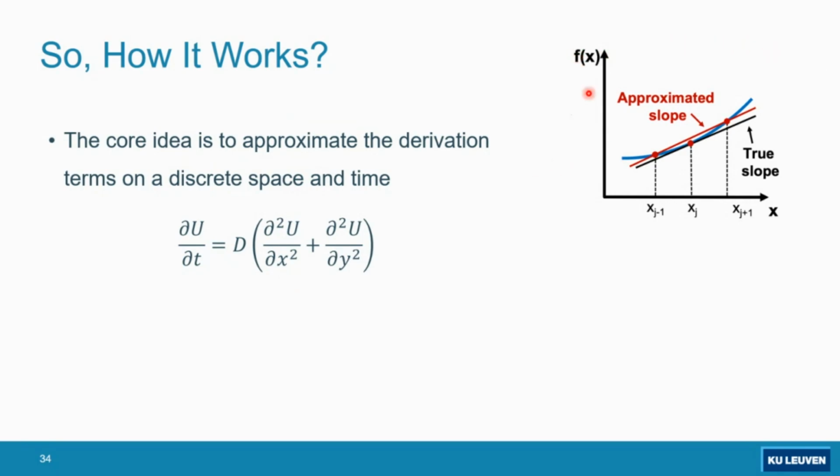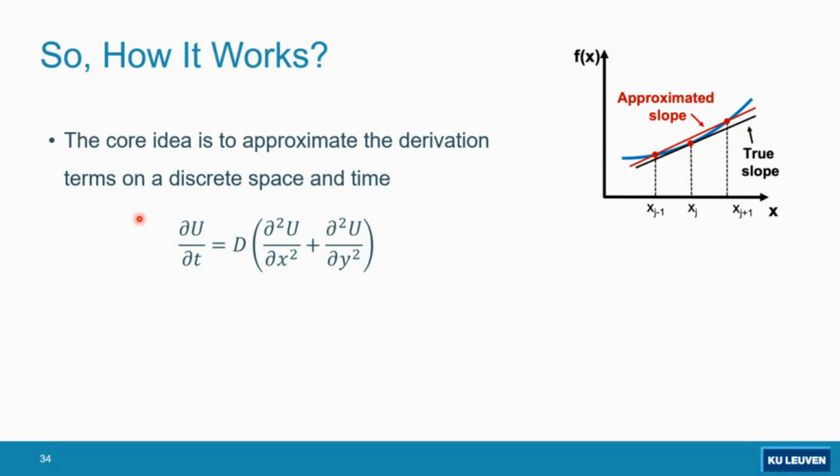Imagine that we have a function of x, which is this blue curve, and we want to obtain the slope of this function at xj. Just assume that this is xj, an arbitrary point here. What we are interested in is the slope, because you know that the slope means the derivative, differentiation.